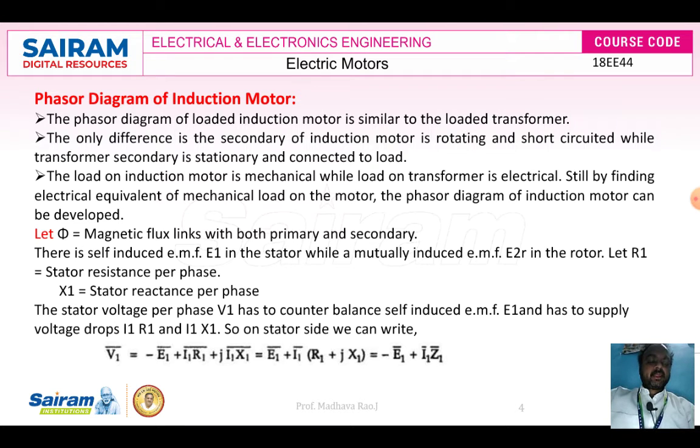The primary winding in a transformer is similar to the stator winding in an induction motor, and the secondary winding in a transformer is similar to the rotor winding in an induction motor. The only difference is that the secondary winding of the induction motor is rotating and short circuited, while the transformer secondary winding is stationary and connected to the load.